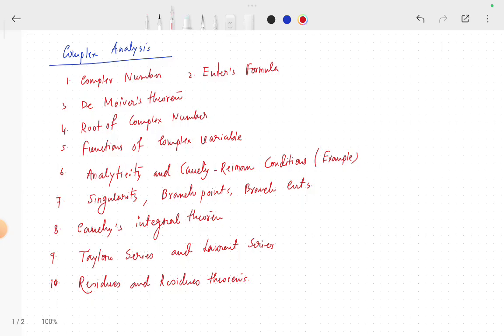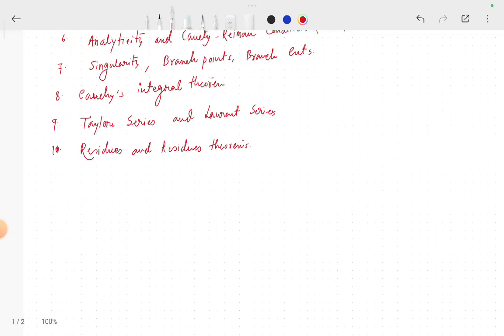So let's start with the first topic, that is complex numbers. We are already familiar with complex numbers, right? A complex number is nothing but a number which consists of two parts, a real number and an imaginary number.